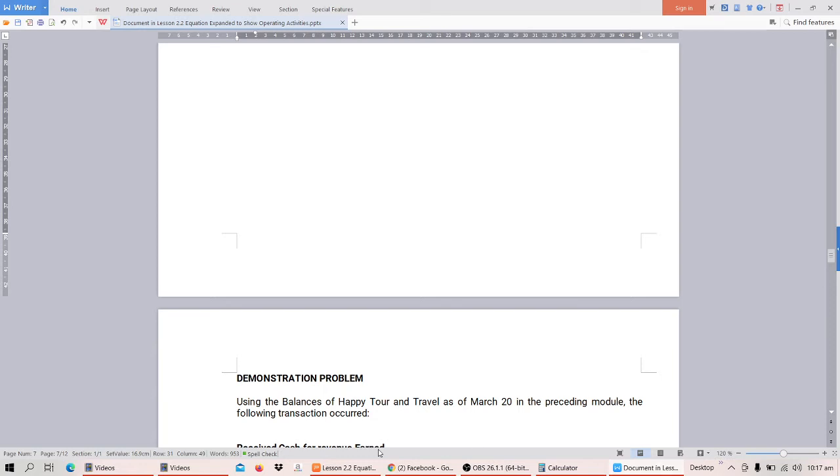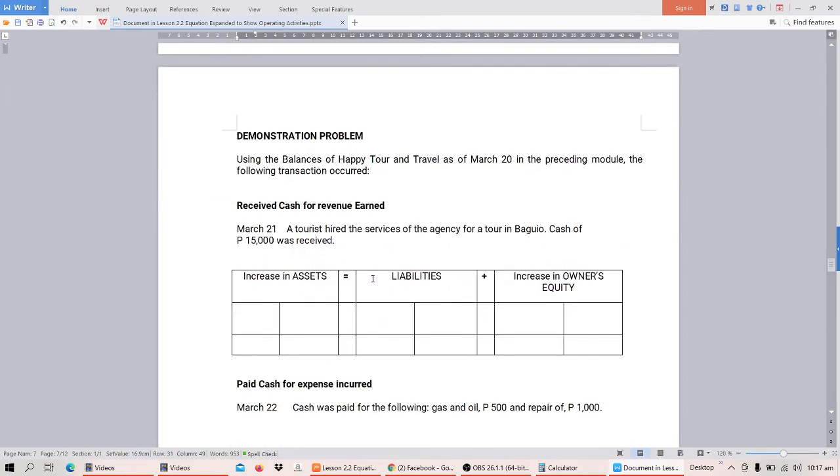So using the balances of Happy Tour and Travel as of March 20 in the preceding lesson, the following transactions occurred. So let's continue to March 21.